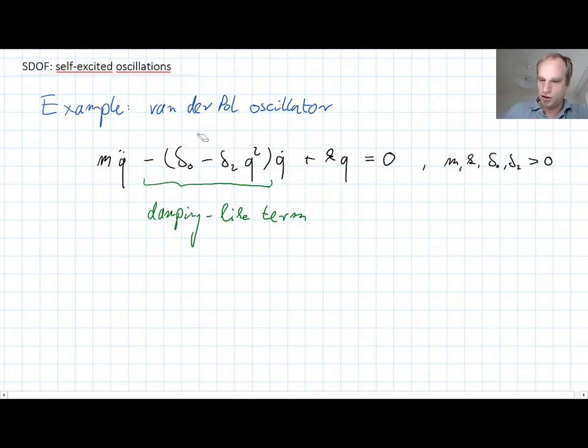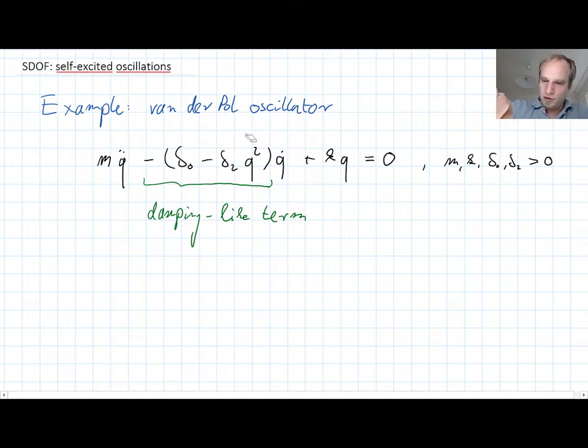However, for very large Q, so obviously Q will oscillate, but its square will have a non-zero average, right? If this can only be positive, and even if it oscillates, it has a non-zero mean.